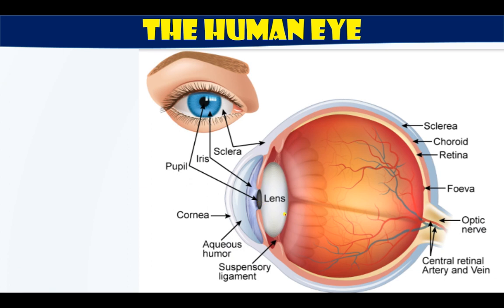Yes, so this is a well labeled diagram of the human eye, right? There is a small comparison. This is from the front and this is the lateral side of our human eye, right? This white portion that we see is actually the sclera.